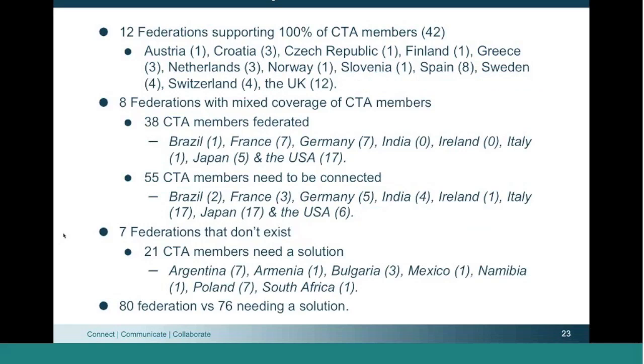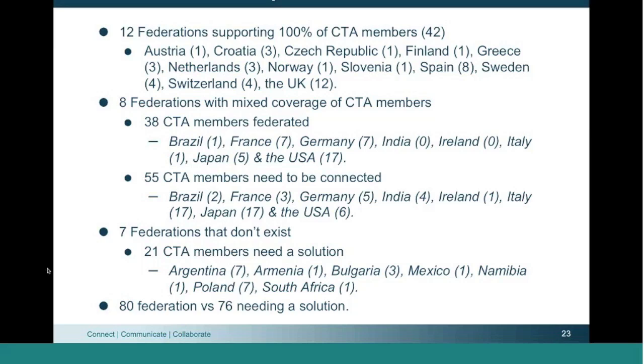So this is a breakdown. Sorry, lots of numbers, and if this is displayed on a small screen, it may be hard to see, but it shows that 12 federations support 100% of their CTA members, which is actually, I think, rather excellent. 8 federations, the other 8 federations that make up the 20 that do exist covering CTA members, they have 38 of their members covered, 55 members not. So in fact, Italy is the biggest sort of target market there.